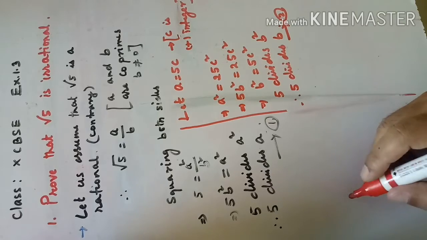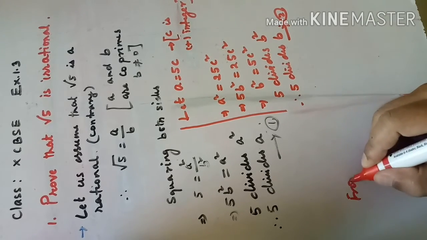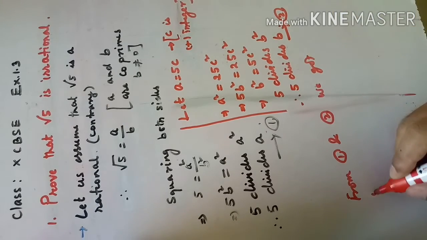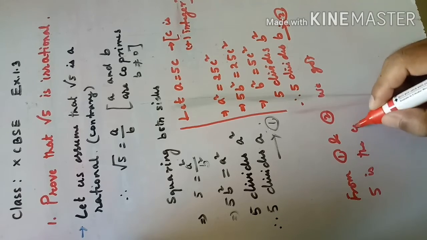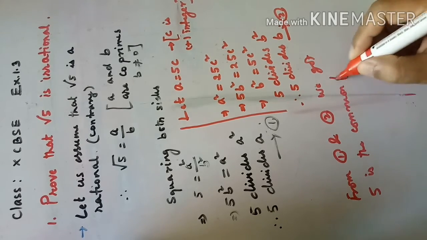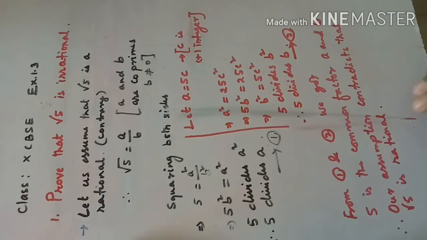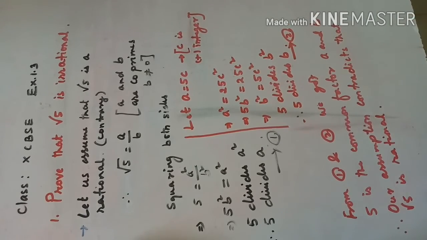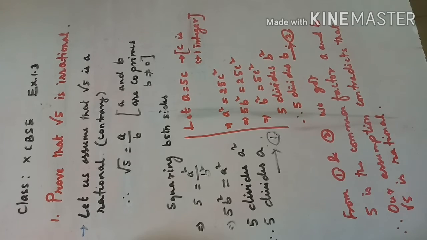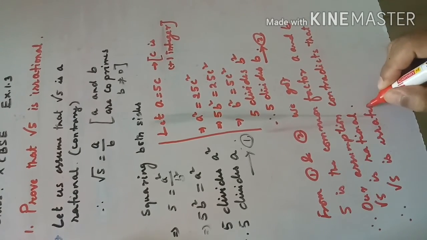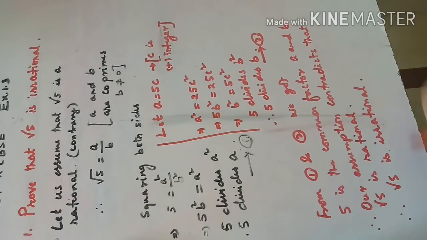From equation number 1 and 2, we got 5 is the common factor of a and b. So our assumption contradicts that root 5 is rational. Therefore root 5 is irrational. Hence proved.